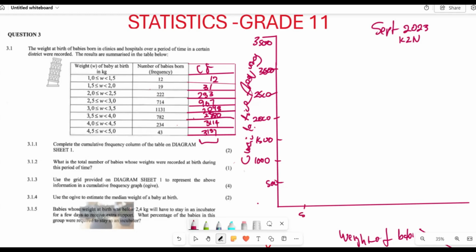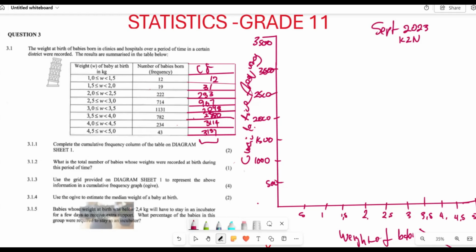This is 0, 0.5, it's 1, it's 1.5, it's 2, it's 2.5, it's 3, it's 3.5, it's 4, it's 4.5, and then it's going to be 5, altogether.